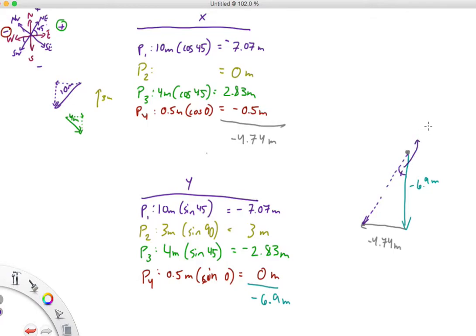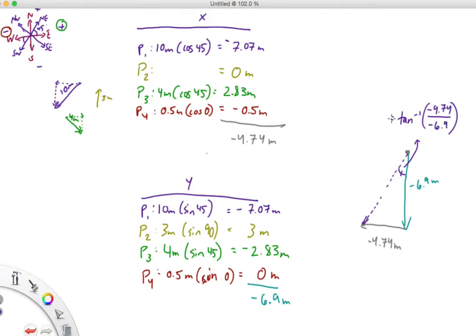How do we figure this out? Trigonometry. Yes. If you use the inverse tangent, or arctan, whatever way you like to say it, it's going to be this. We can use negatives, we can use positives, it does not matter. 6.9 over 4.74.